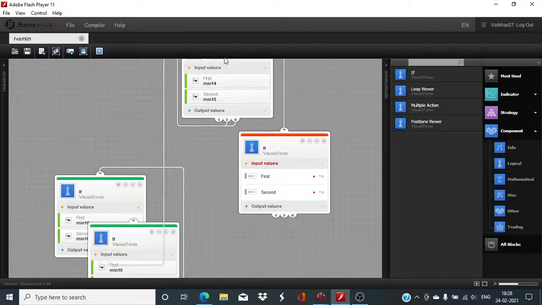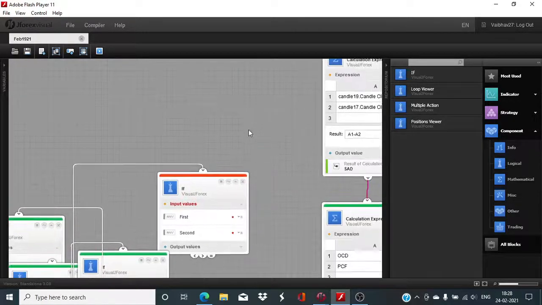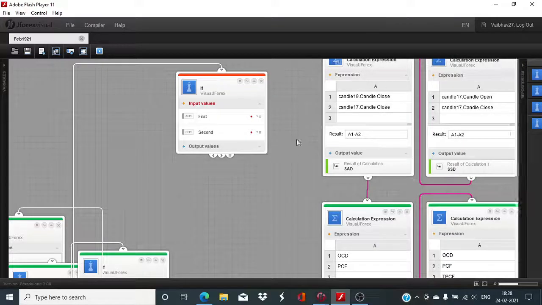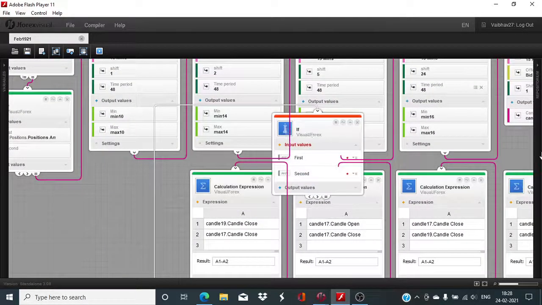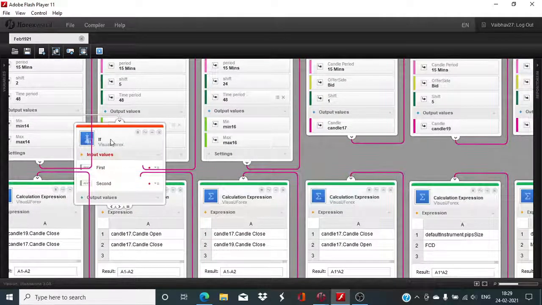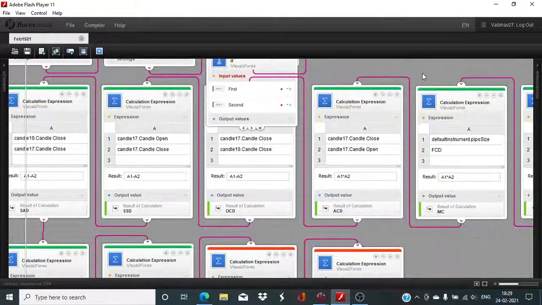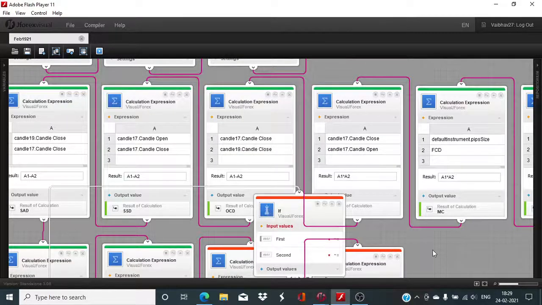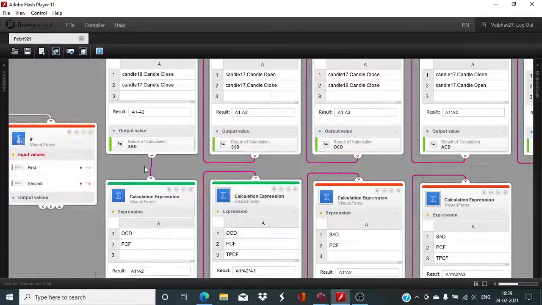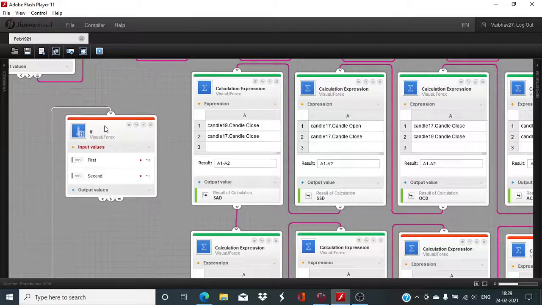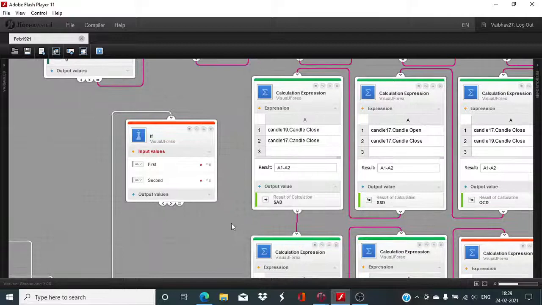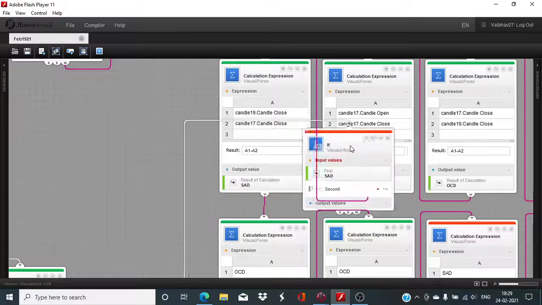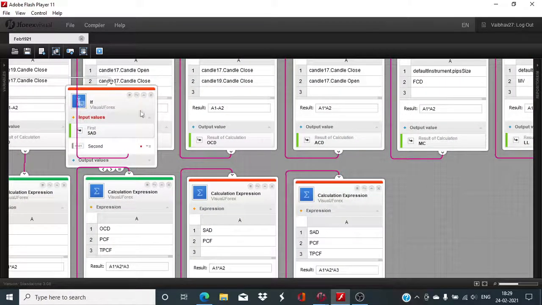Now we have to look at the price action, and for that I will have to compare the newly derived values. This sell side actual difference needs to be more than 7 pips.